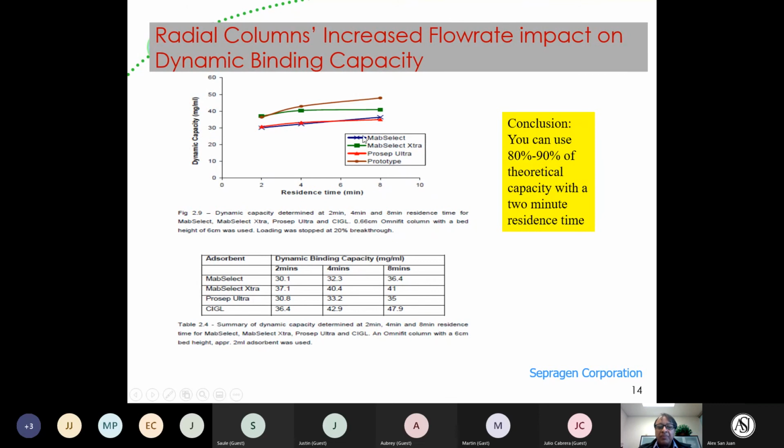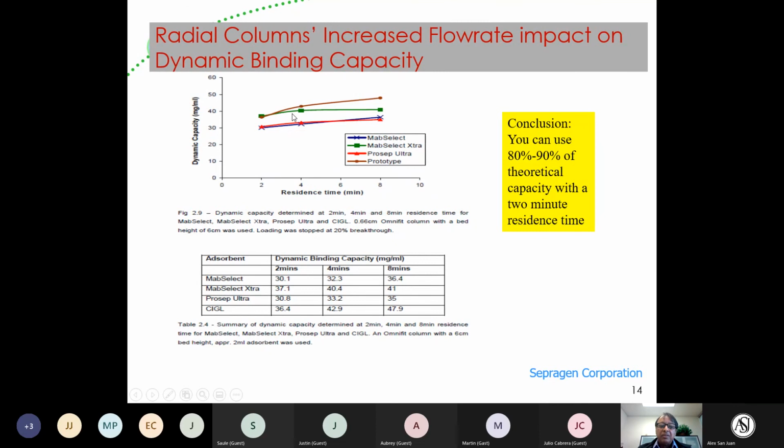So here you see the dynamic binding capacities of the newer resins that are coming on the market. This particular one, MabSelect Extra, going from 8 minutes residence time to 4 minutes residence time, shows no change whatsoever. And this is not our data, this is commercially available data.